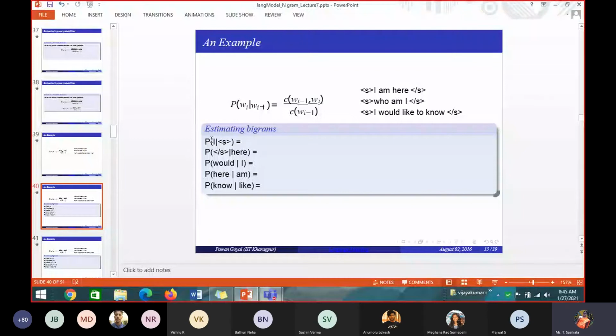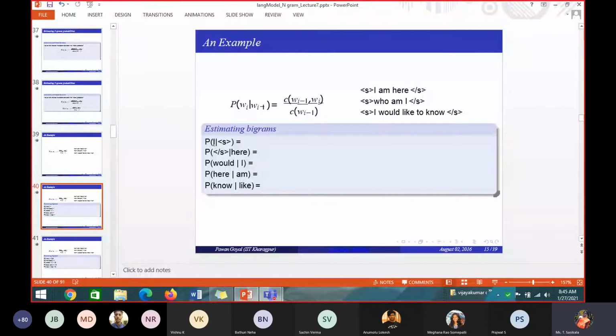If you take a given word here, I have to find out how many times the next word, for example slash S, the end of the sentence, follows after it. So for the first one, I given starting of the sentence, I have to find out how many times the word I occurs following the start of the sentence.